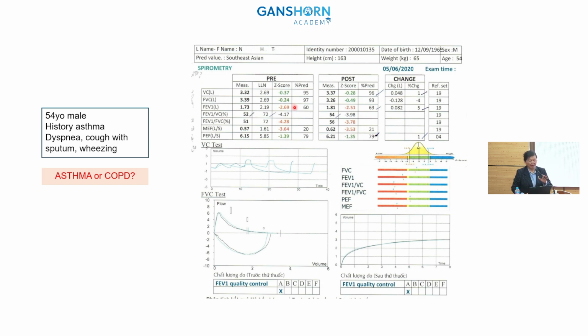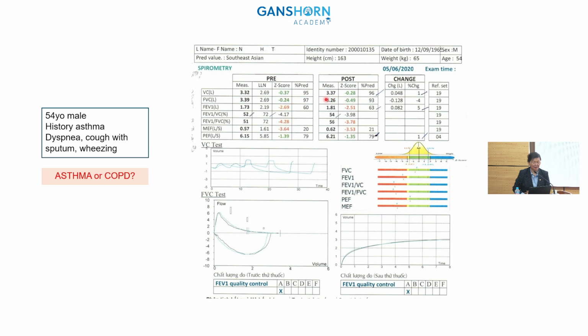And after the test, is there still obstruction? Yes, still have. 54 in comparison with 72. And how about the bronchodilator test? We have here 93 minus.